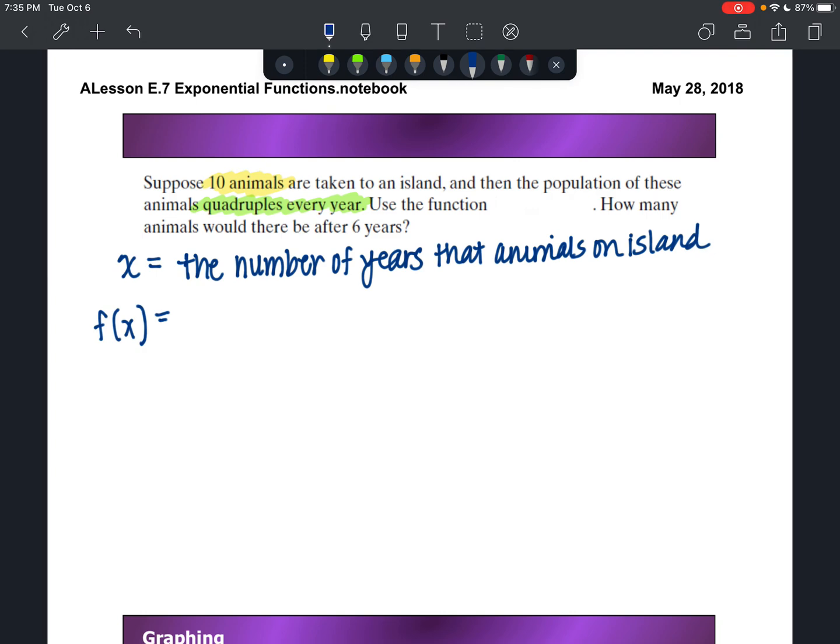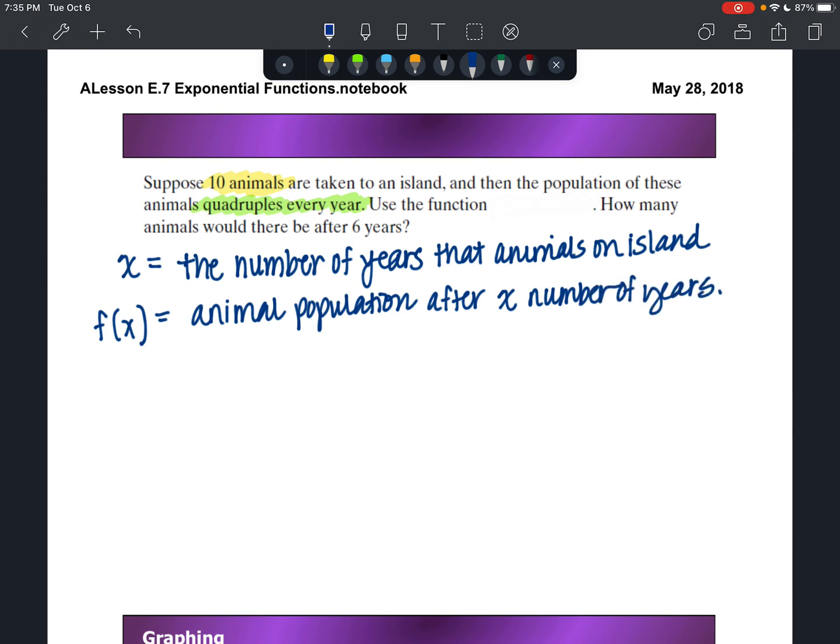And f of x equals, our output is our animal population after x number of years. Excellent. Now looks like I'm writing on a slant there. I fixed that. So now we have our equation.